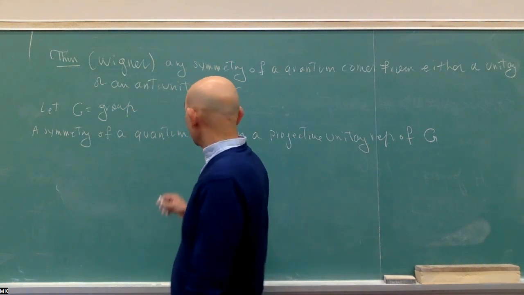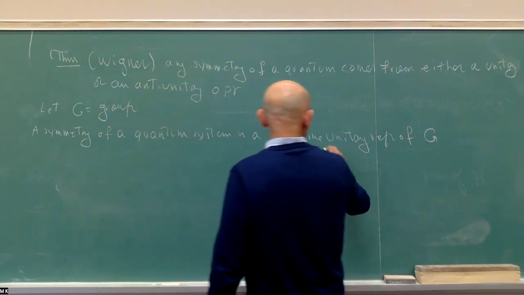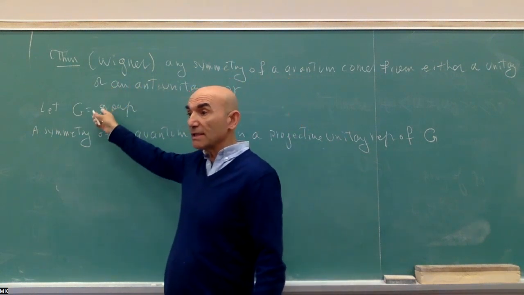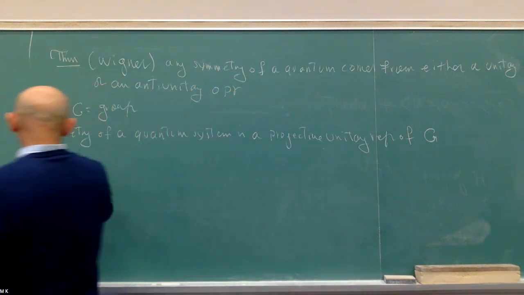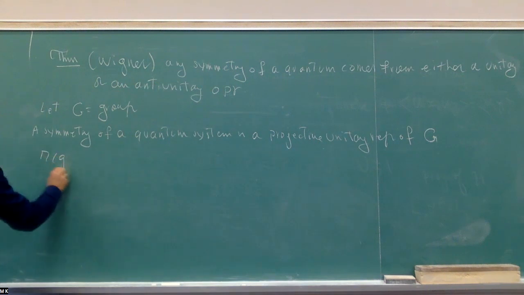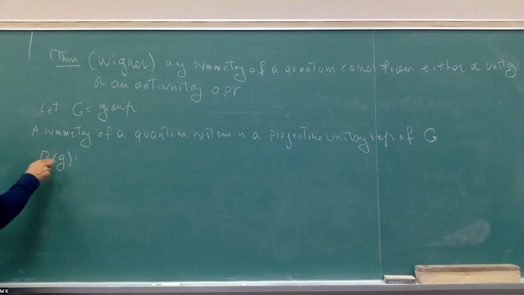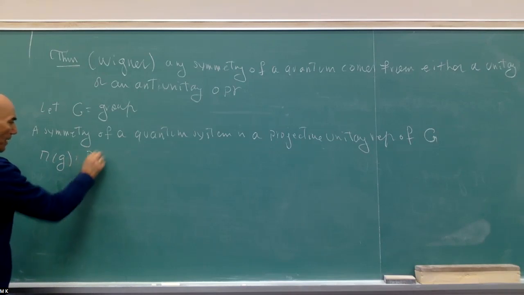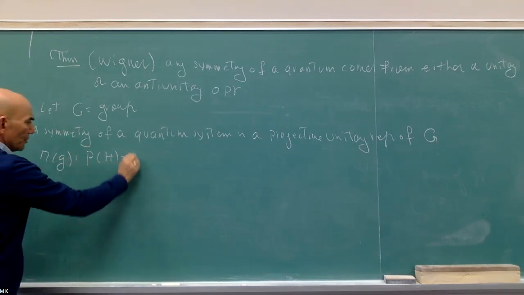Well, okay, now let's focus on unitary. So by Wigner, we know that each of those guys, so let's look at phi of G. So for each G, phi of G comes from P of H to P of H, right?